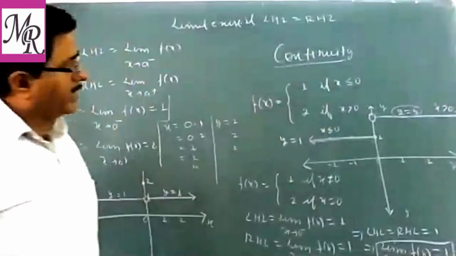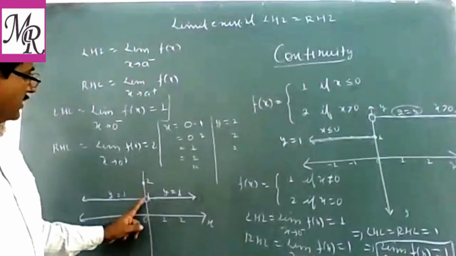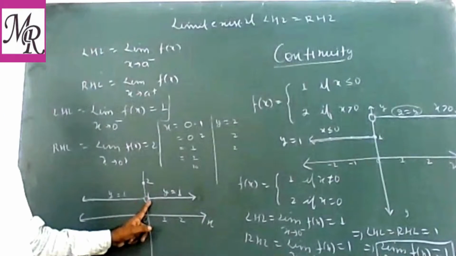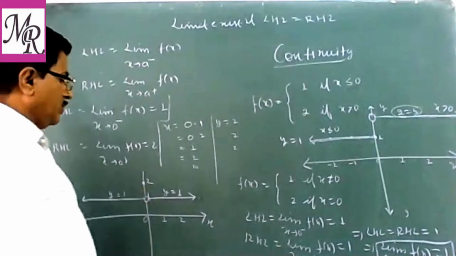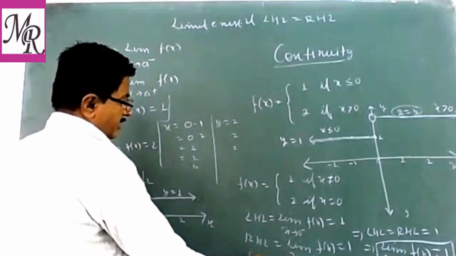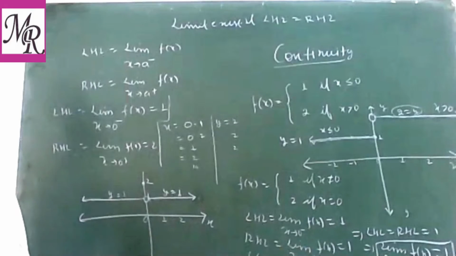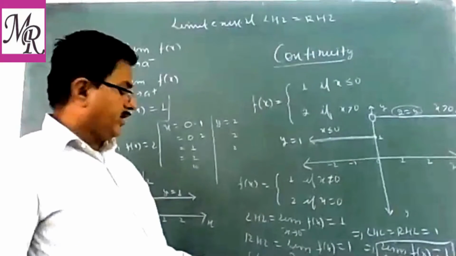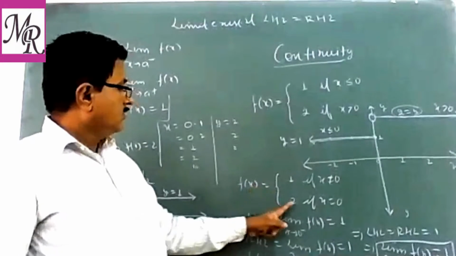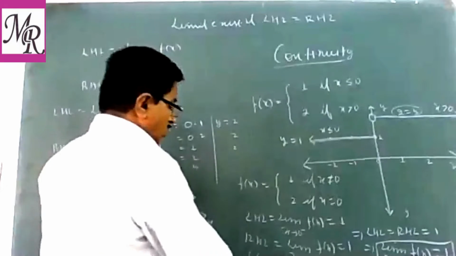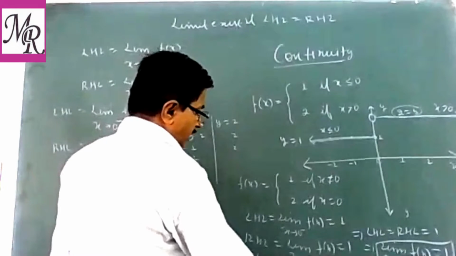So the limit exists, still we are saying this function is not continuous. Why? Because the value of the function, this is very important. The value of the function at the given point is 2, which is not equal to the limit value.